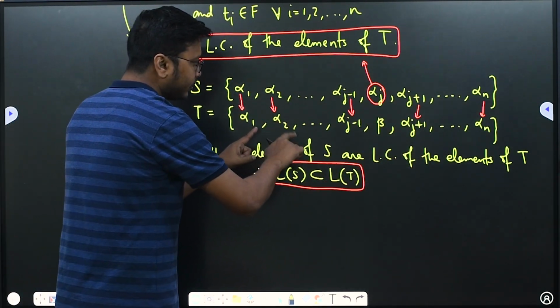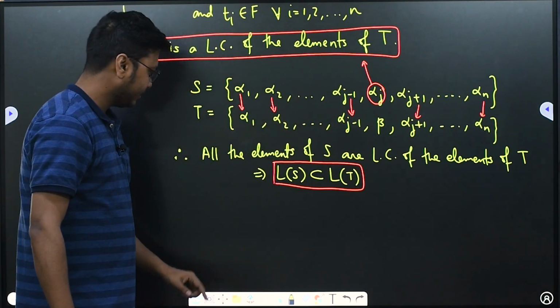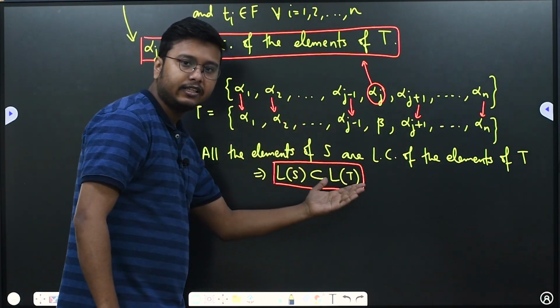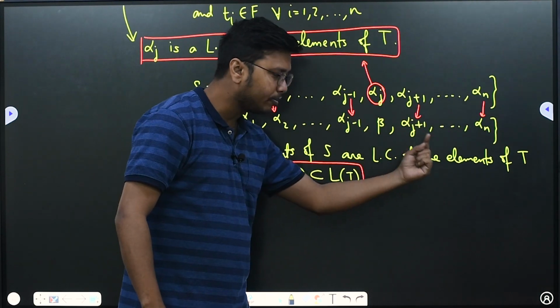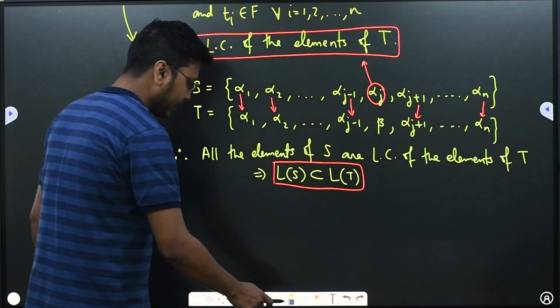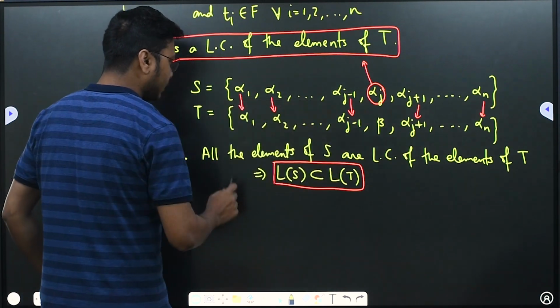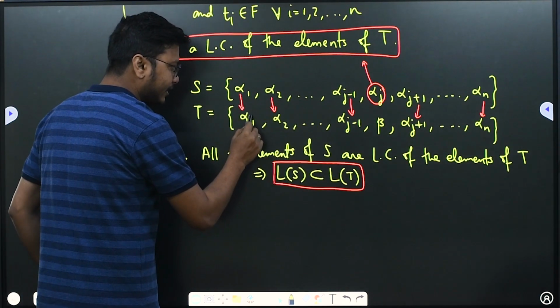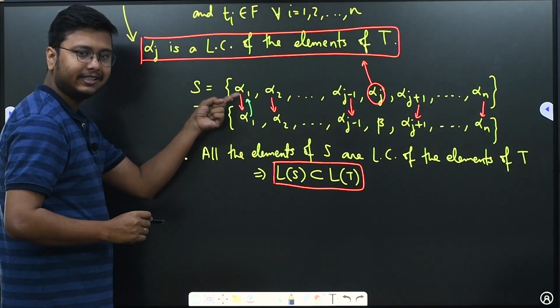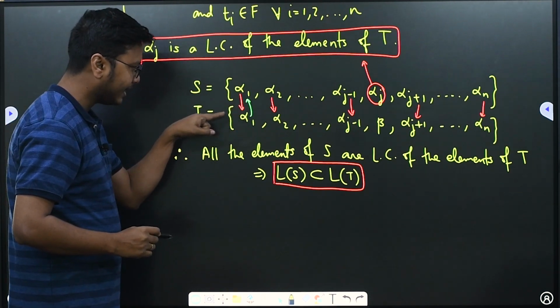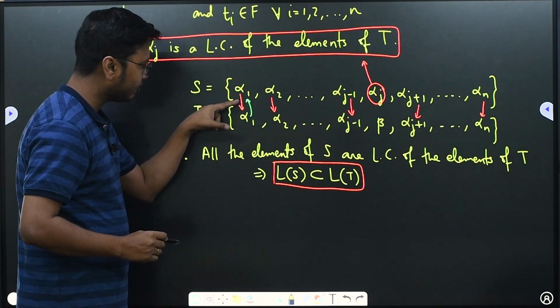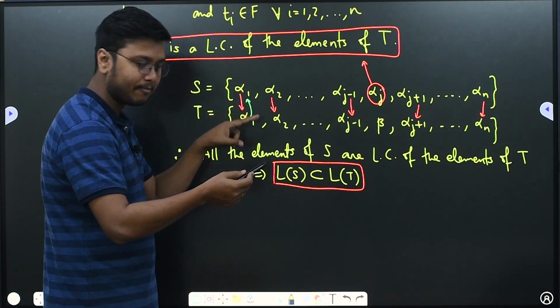Now I want to show that the reverse is also happening. That means all the elements of T are also linear combinations of the elements of S. Now see how I can show the reverse part. Alpha 1 is present in T and also present in S. So alpha 1 of the set T is a linear combination of the elements of S, in the same manner.